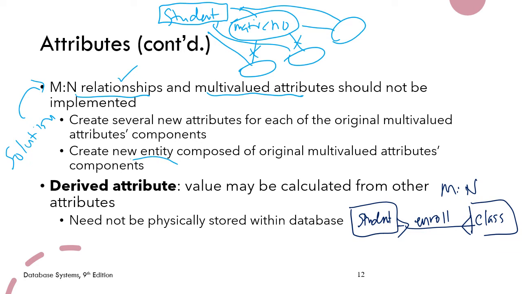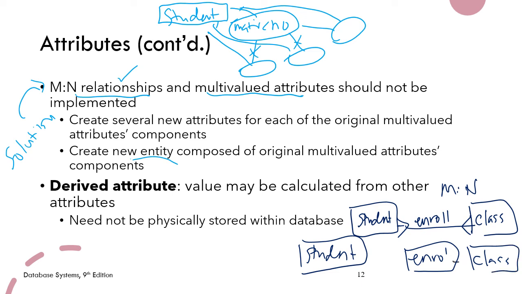We upgrade the relation type to become a composite entity. So it becomes student, enroll class, and it can be split up. We will study this under normalization later.